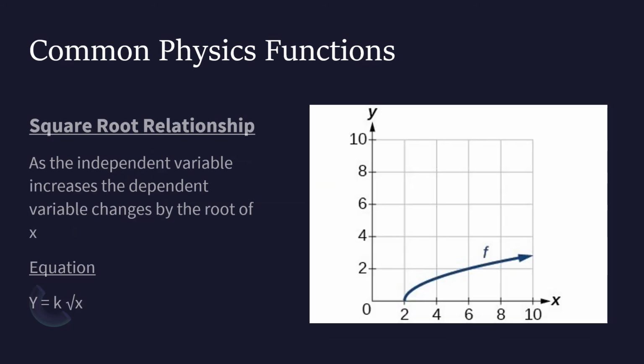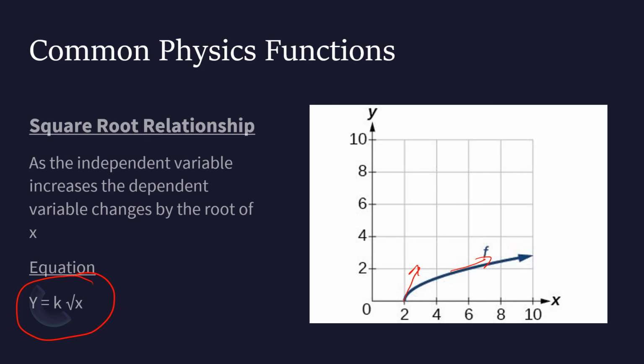The next and final one is the square root relationship. Okay, this was our period versus length graph that you saw. As the length increased, the period increased as well, but increased by the root of x. So it's going to start increasing with a steep slope, but then that slope is going to steadily fall off, and that's going to be given by the function y equals the square root of x, or k times the square root of x.